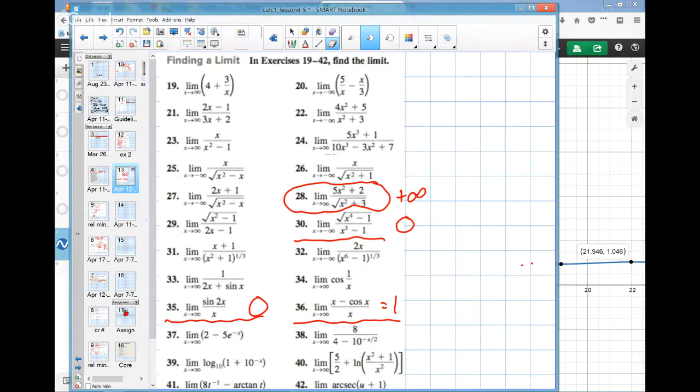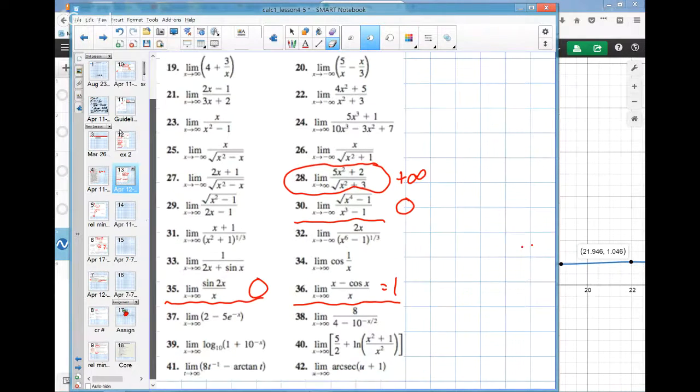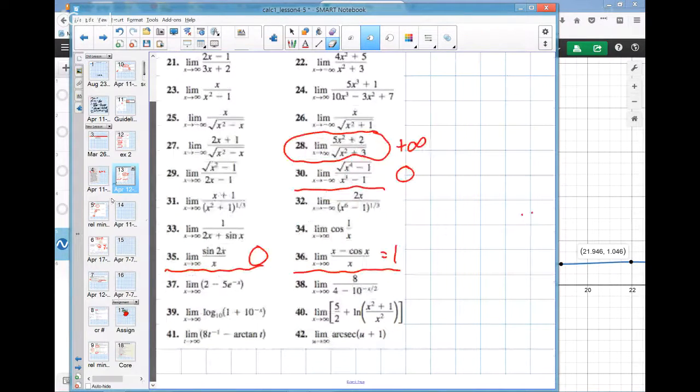Let me just see. We get a little more variety here. How about this one? Oh, need my pen. So what happens as X approaches infinity? You see there's only one occurrence of X in there, negative 5e to the negative X. So as X approaches infinity, that's going to be e to the negative infinity power.